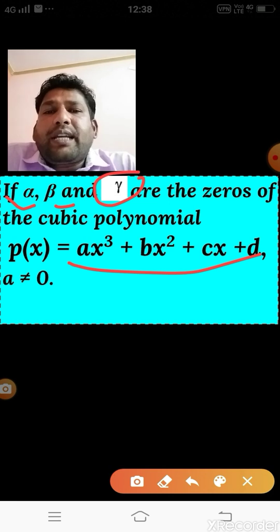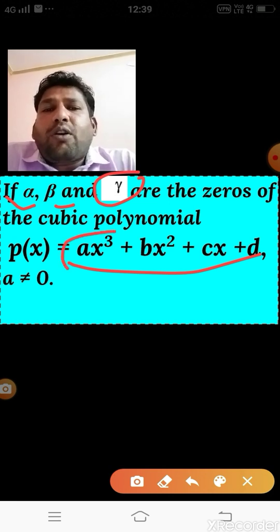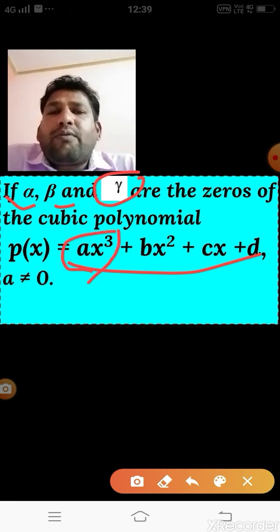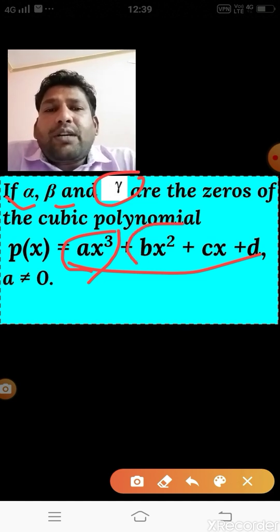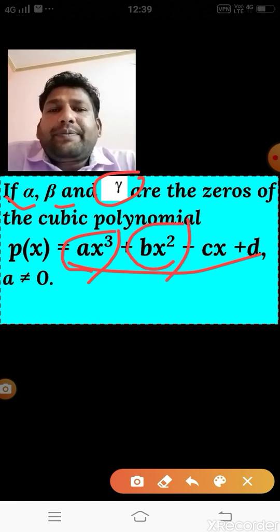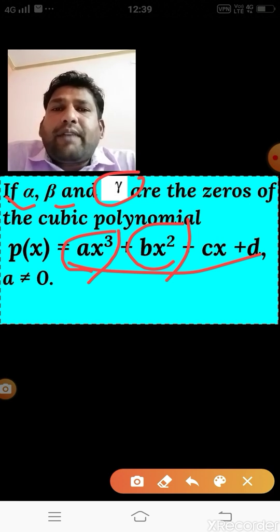And what we are observing here, a is the coefficient of x cube, because the value multiplied with the variable is called the coefficient, and here a is multiplied with x cube. Then b is the coefficient of x square, c is multiplied with x, and the last constant term we are taking as d.